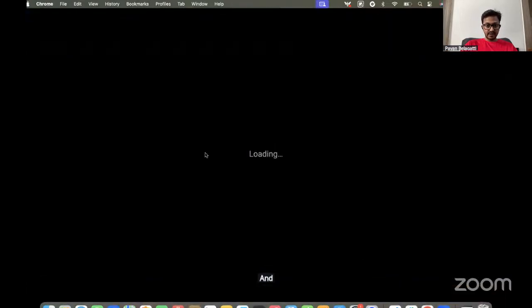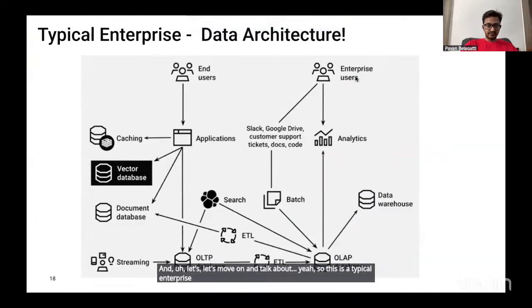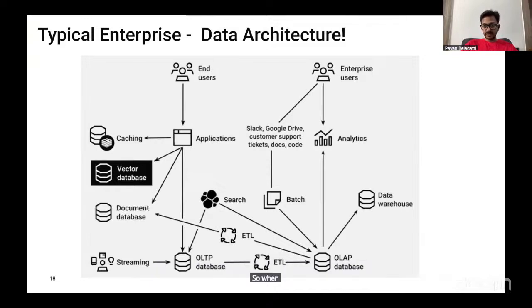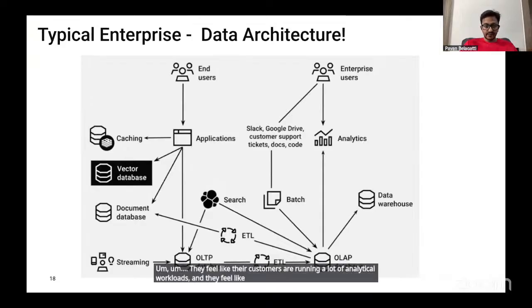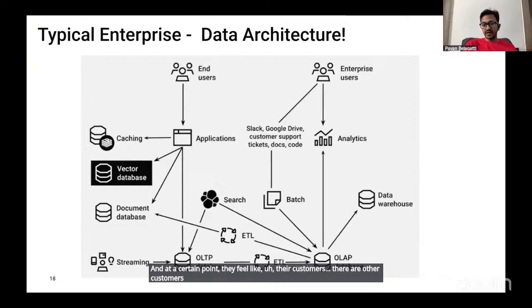And let's move on and talk about this typical enterprise data architecture. Usually, when companies start off, they feel their customers are running a lot of analytical workloads and they need an OLAP database. At a certain point, they feel there are other customers who are demanding and running a lot of transactional workloads, and they need an OLTP database.